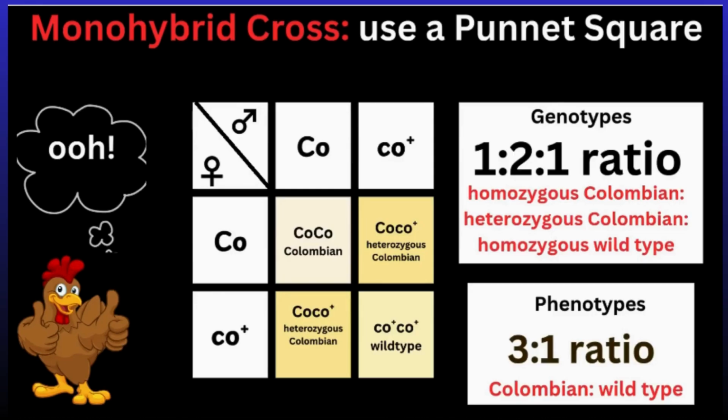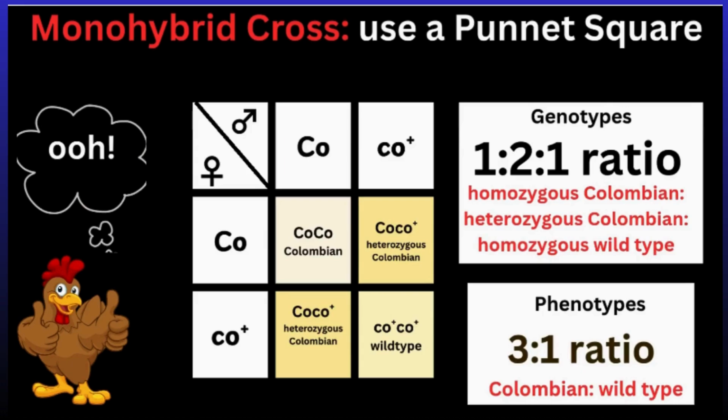Anyway, back to our third possible cross, which is between two birds that are heterozygous for Columbian. The cross between two heterozygous birds is called a monohybrid cross, and we use the Punnett square to find out what results we can expect. In this case, both birds have gametes for both the Columbian allele and for the wild-type allele, and these are represented along the top and the left side of our Punnett square.